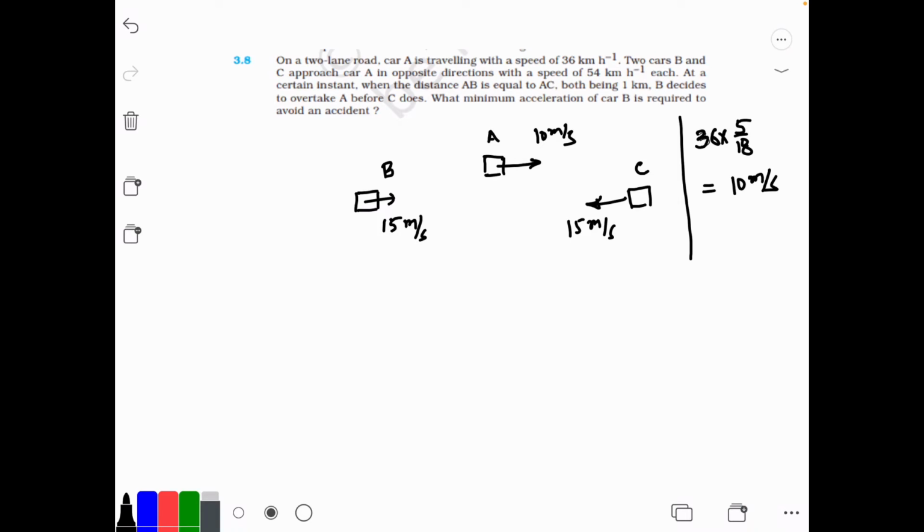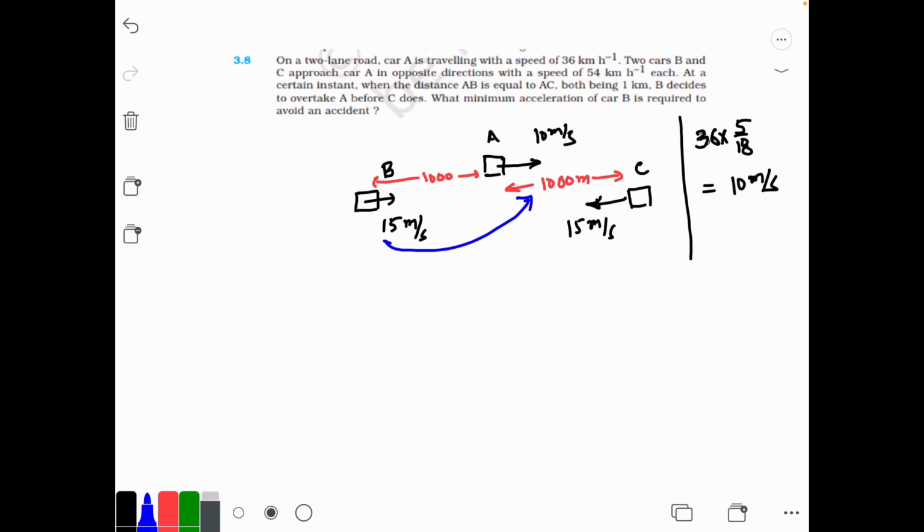So this distance is 1 kilometer, or we can say 1000 meter, and this distance is also 1 kilometer, so I say this is also 1000 meter. So B decided to overtake this A by avoiding the accident with C.